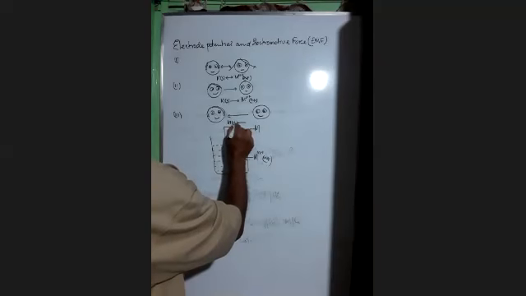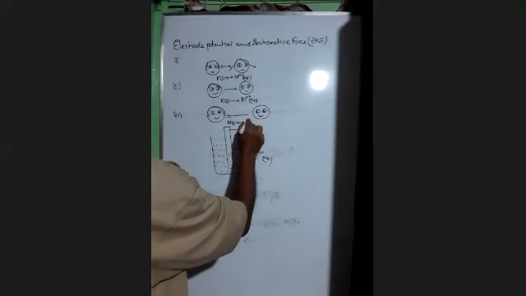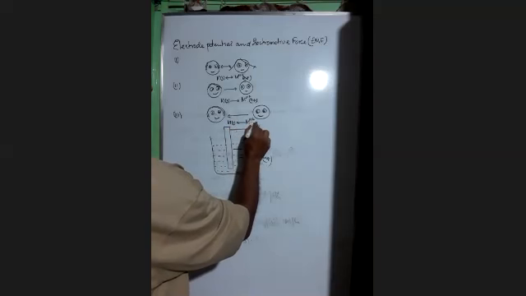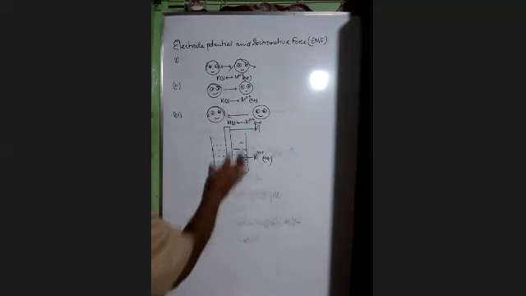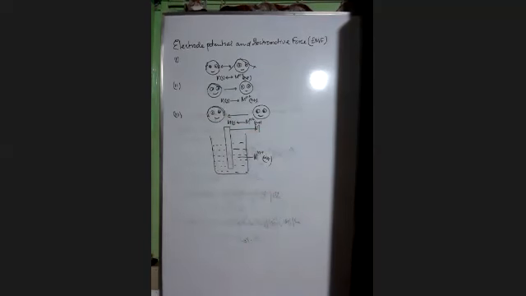The metal may be indifferent, but the metal ion may like to interact with it. So these are the three possibilities when you dip an electrode in the solution of an electrolyte made of the salt of the metal. These are the things that can happen.